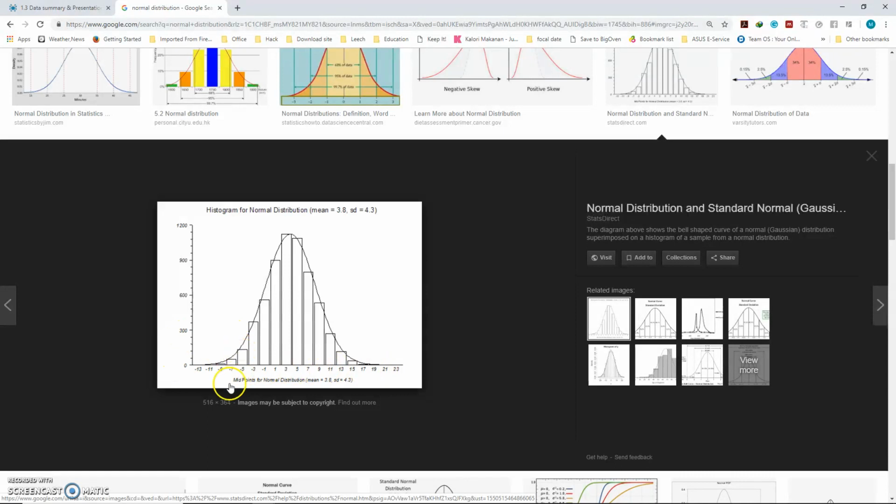Let me ask you again, how many students can you see that have a height of 140, 145, 150? Not that many, right? That kind of height we will be able to see, but not that many, maybe just a handful of them.